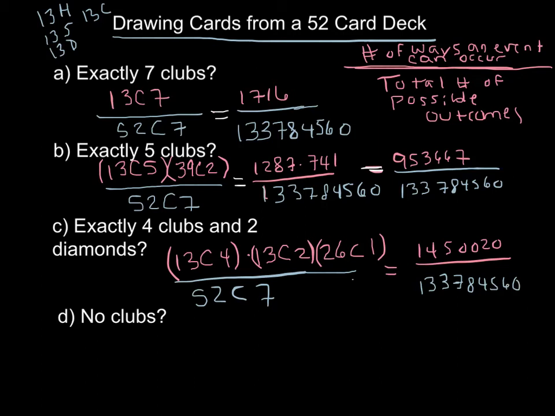Alright, let's finish with the last one. What's the probability of getting no clubs? Well, that means all your cards have to come from those 39 cards in the deck that are not clubs. So you just have to take your 39 non-club cards and choose 7 of them.